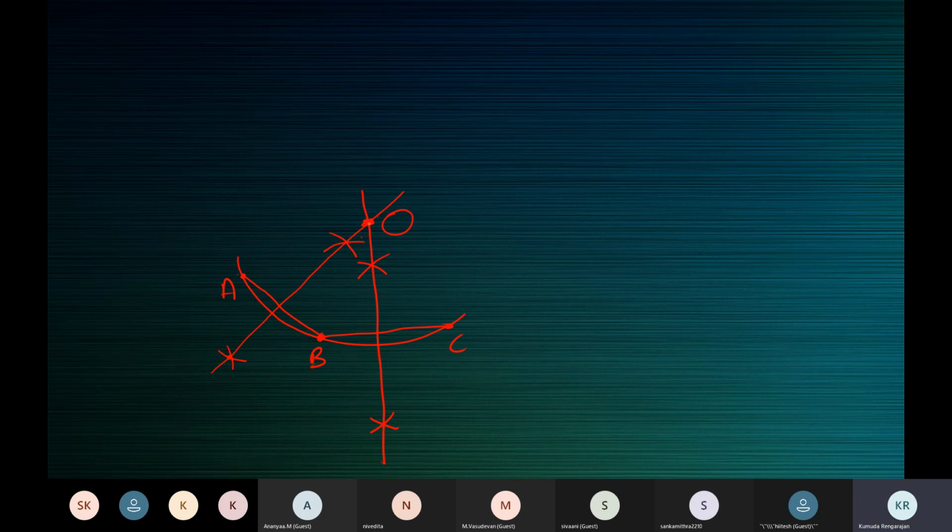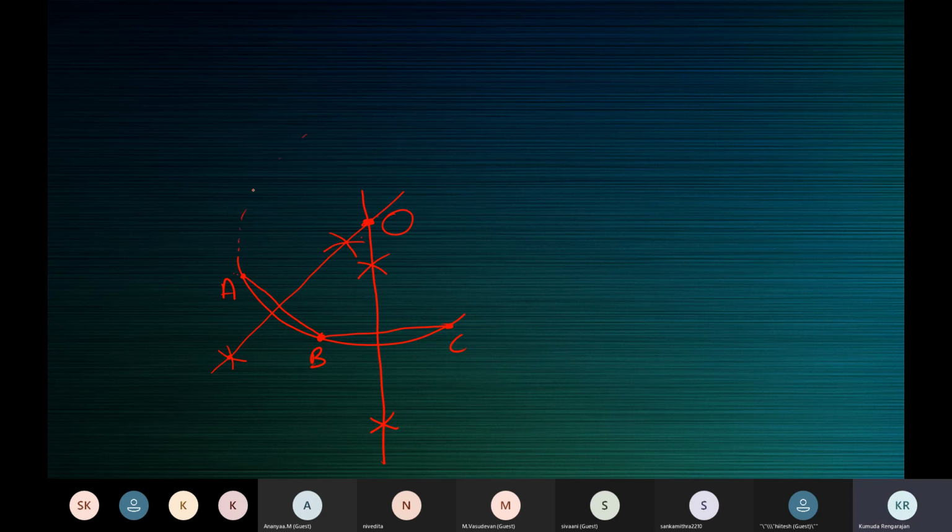We've identified the center of the circle of which the arc is a part. So OA will be equal to OB will be equal to OC. With O as center and OA or OB or OC as radius, complete the circle.